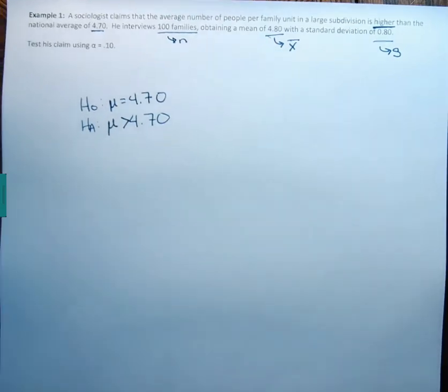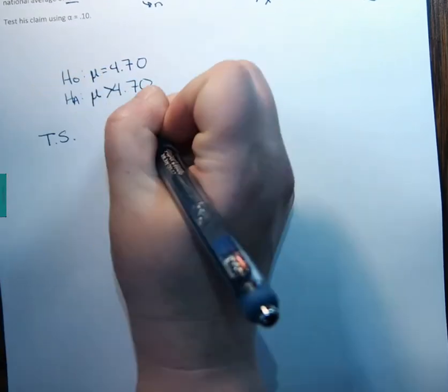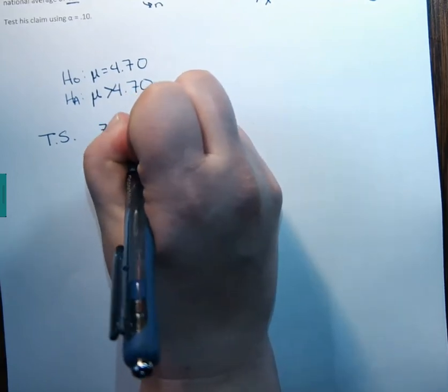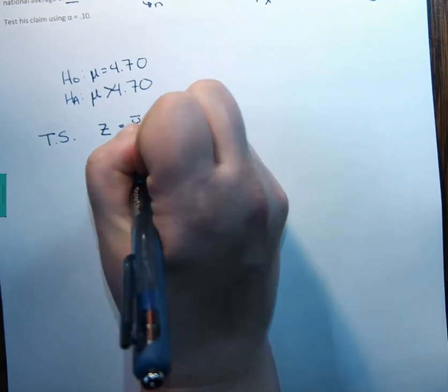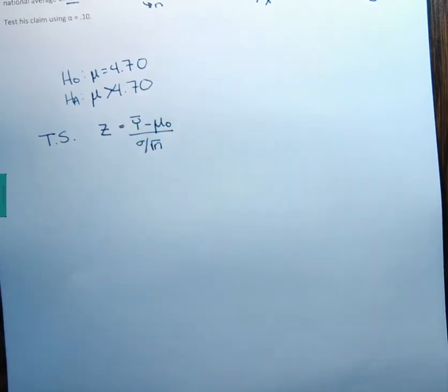All right. Now we can calculate our test statistic. Notice that z is equal to y bar minus mu naught divided by sigma divided by the square root of n. Now for this particular example, we do not know the value of sigma, we just know the value of s.